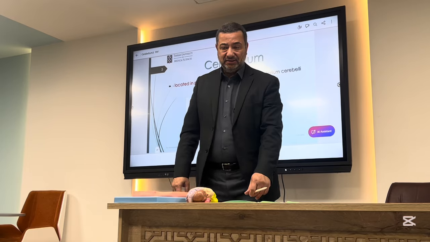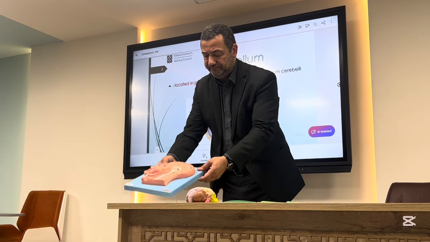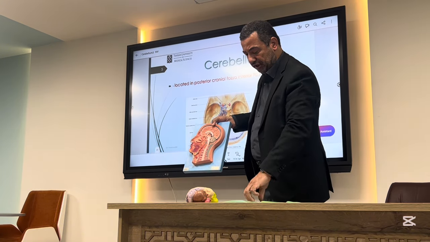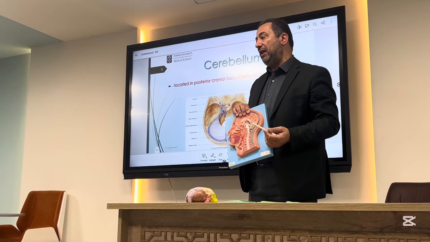Cerebellum is located in the posterior cranial fossa, inferior to the tentorium cerebelli. This transverse or horizontal septum is called tentorium cerebelli.